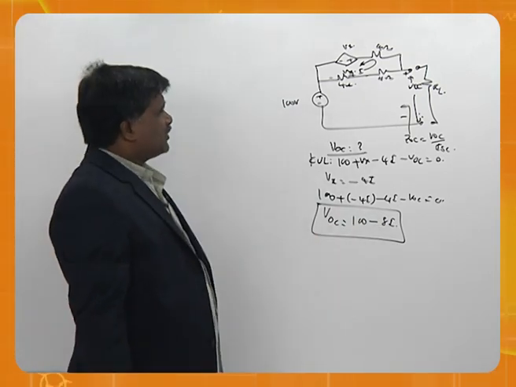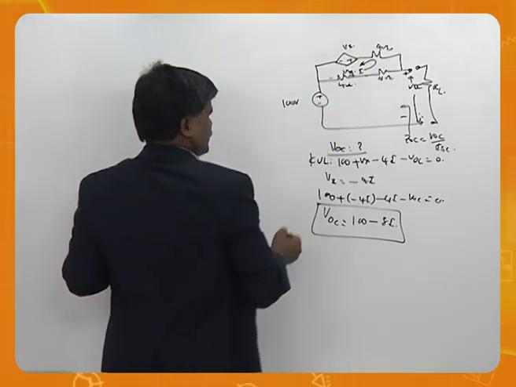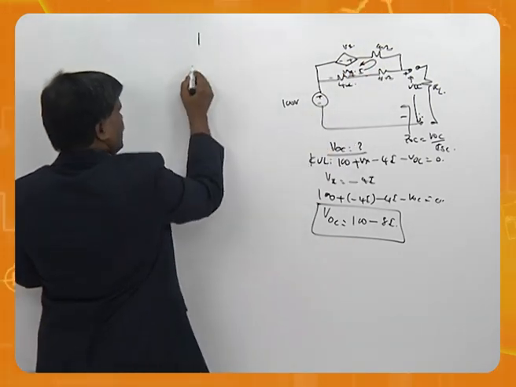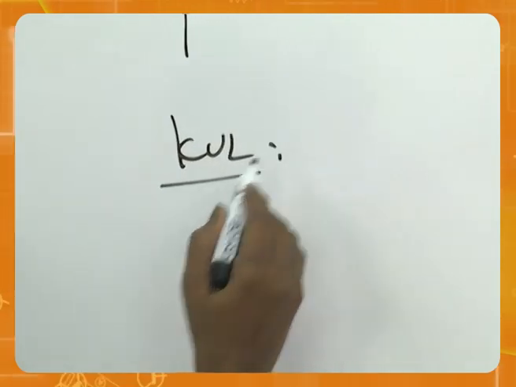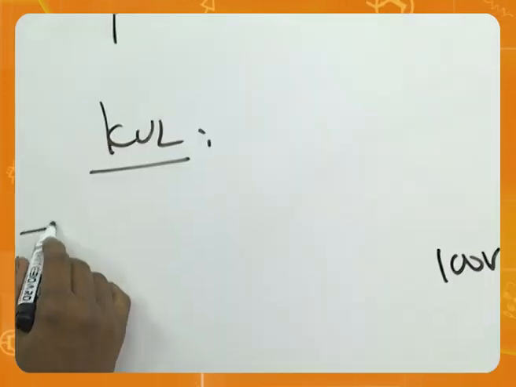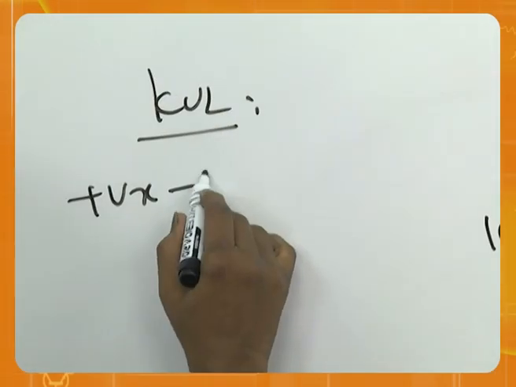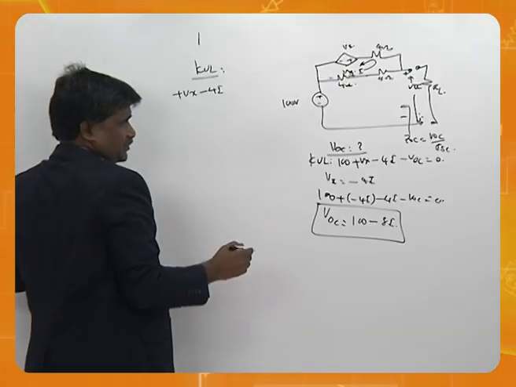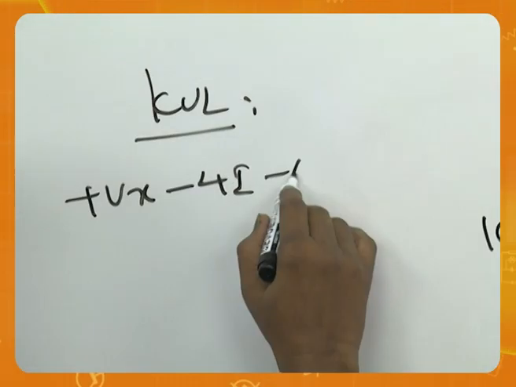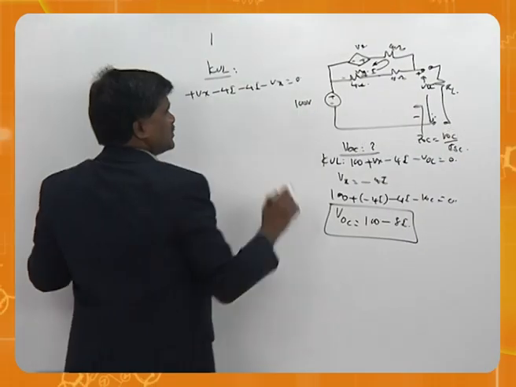How to calculate I? Again go for KVL. Let me give another KVL for this loop: plus Vx, minus 4I, minus 4I, minus Vx is 0.